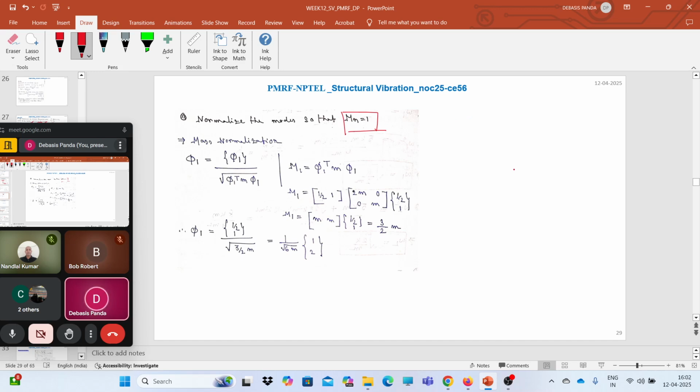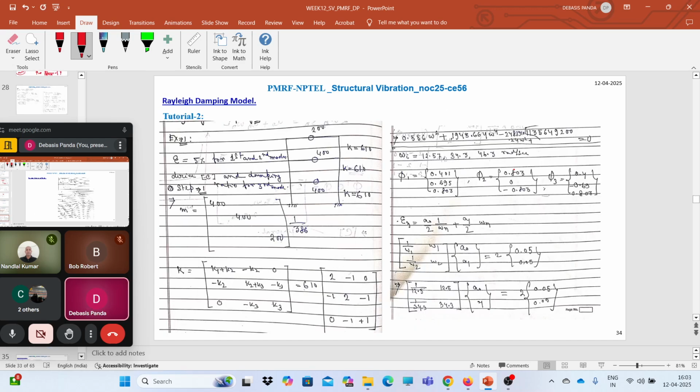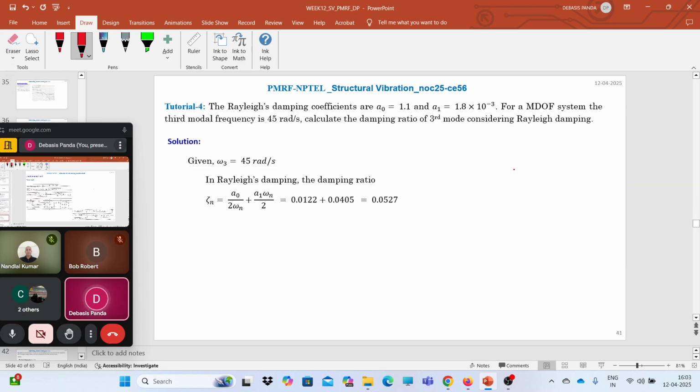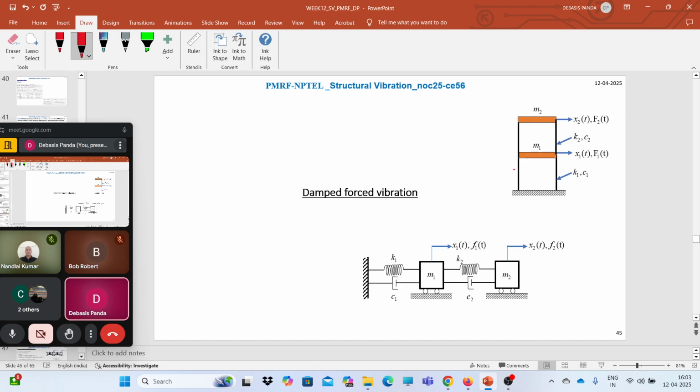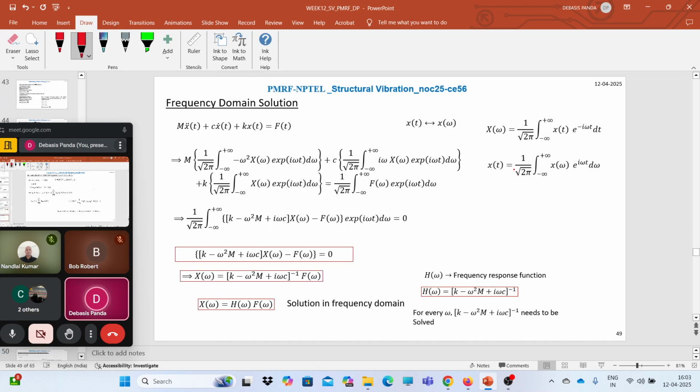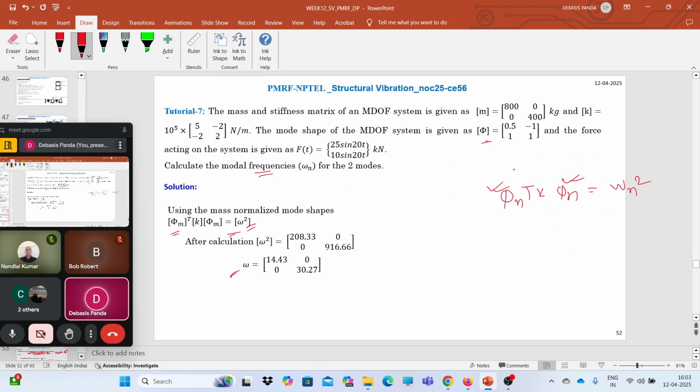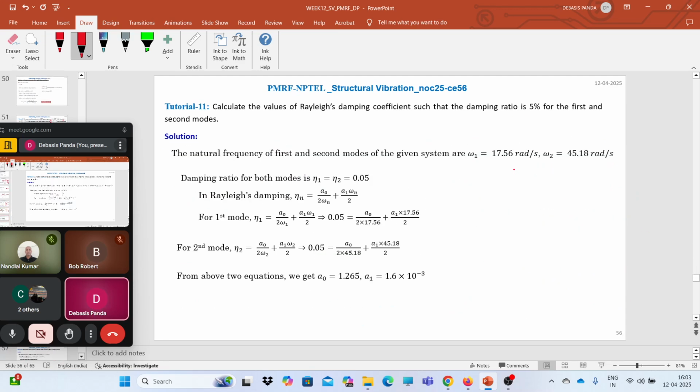Same kind of question, but with a little change in the expression. So let's go to that portion also. And for the Rayleigh and Caughey damping model, we will also discuss which kind of question may come.